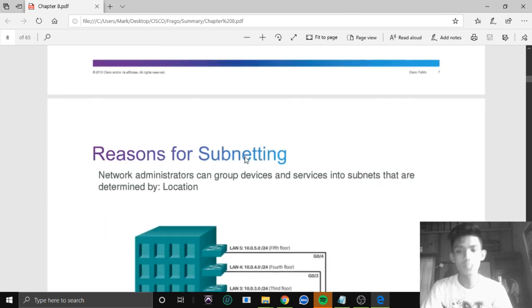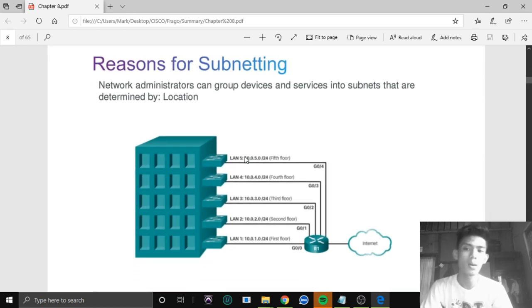So reasons for subnetting. Why do we need subnetting an internet or network?